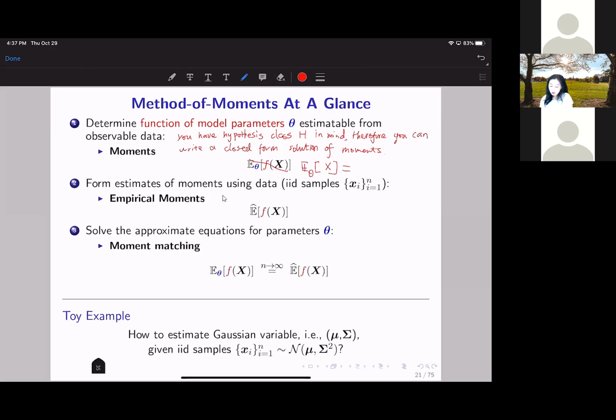Can you write this in terms of mu h, sigma h, pi h? Can you?